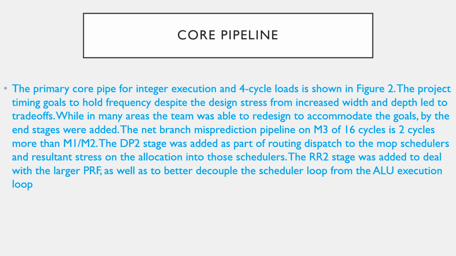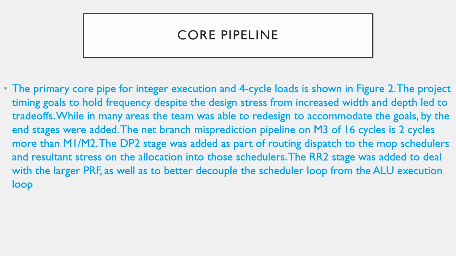The project timing goals to hold frequency despite the design stress from increased width and depth led to trade-offs. While in many areas the team was able to redesign to accommodate the goals, by the end, stages were added to the branch misprediction pipeline. The pipeline on M3 is 16 cycles, 2 cycles more than the M1 and M2.